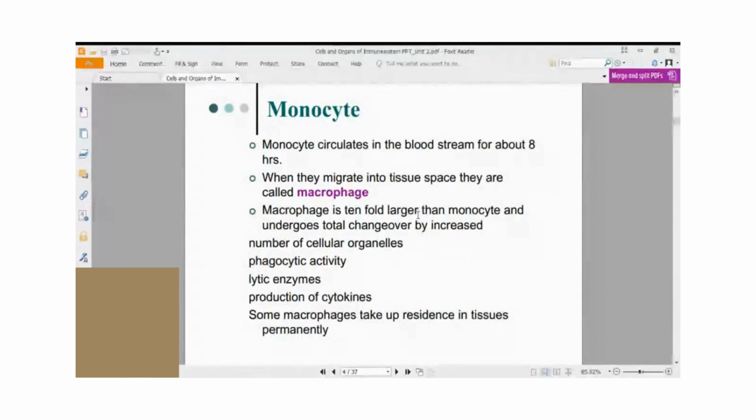The second important function is that these cells encounter the antigens in the tissue spaces which have entered by chance. These antigens are of exogenous origin, they don't belong to your body, probably of bacterial origin or viral origin or any other pathogen.